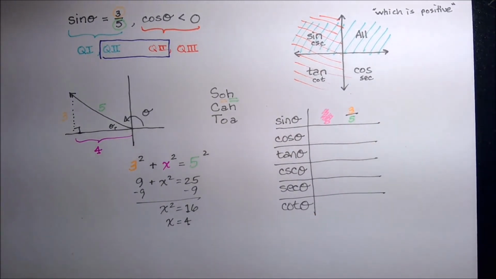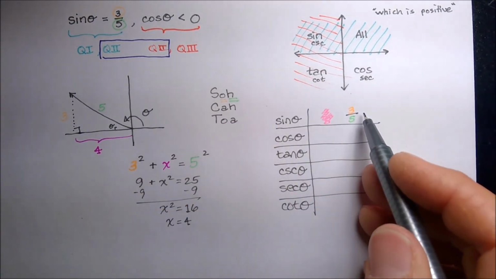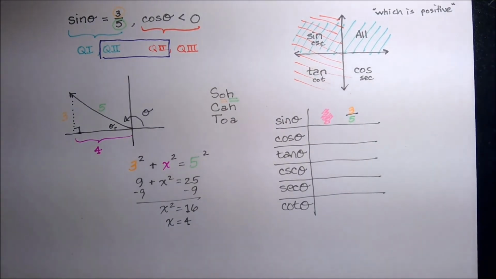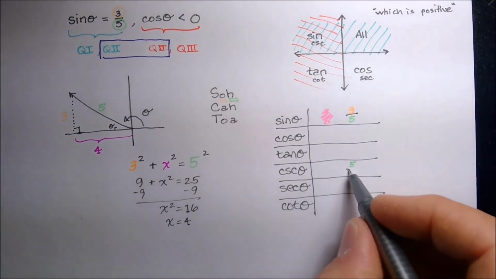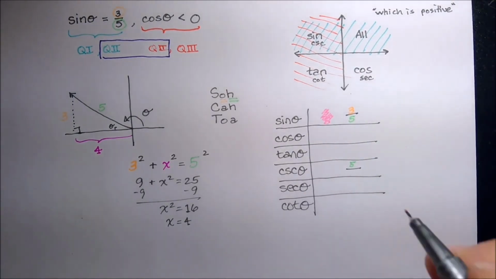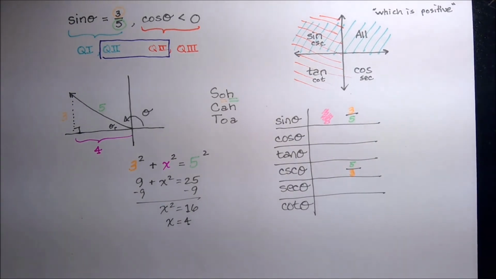I'm going to jump to the cosecant because it's just the reciprocal of sine, right? I can write this down, and truth is I could have labeled these two without doing any of the work I just showed you, because I was given 3/5 for sine, and I can flip it. I can do the reciprocal for cosecant.